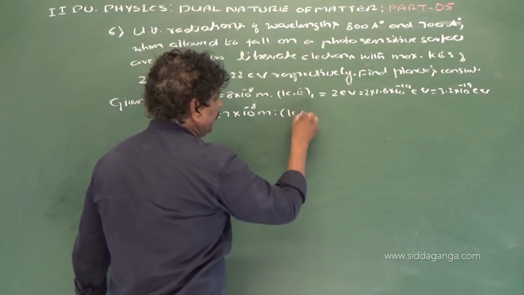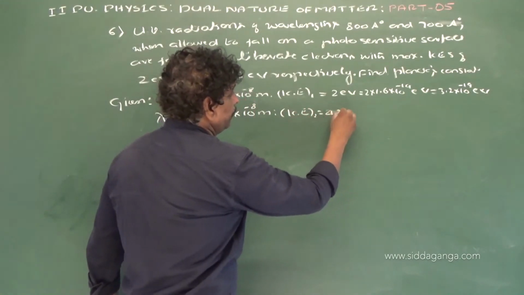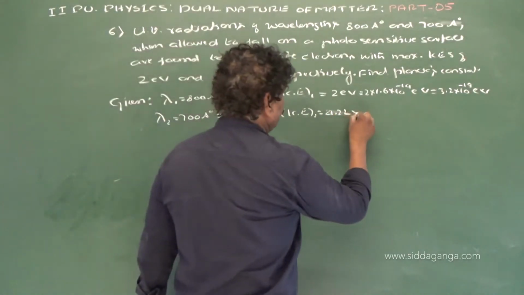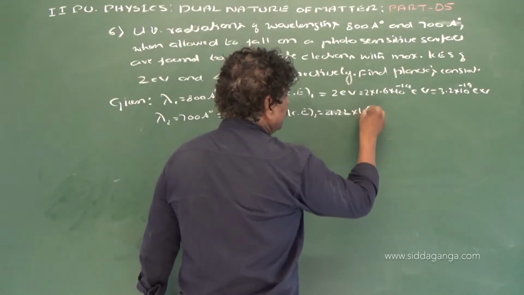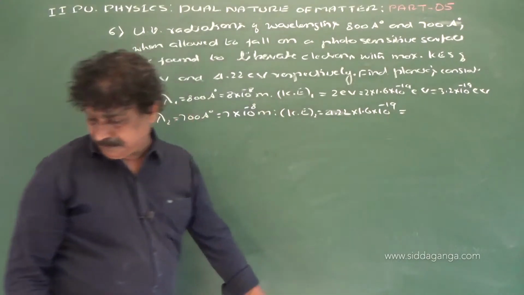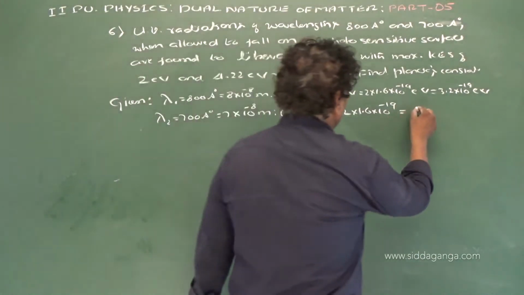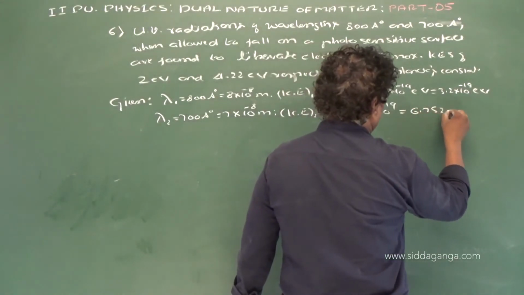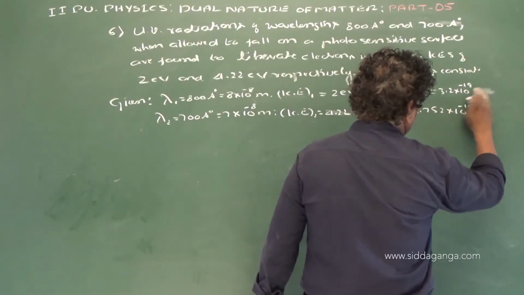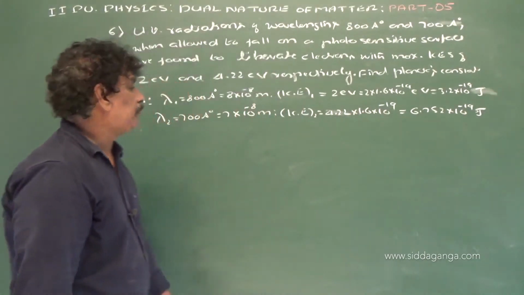Now kinetic energy 2 is 4.22 eV, that is 4.22 into 1.6 into 10 power minus 19, that is equal to 6.752 into 10 power minus 19, it's not eV, this is joule.